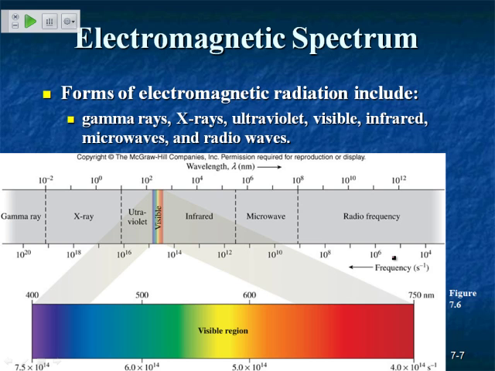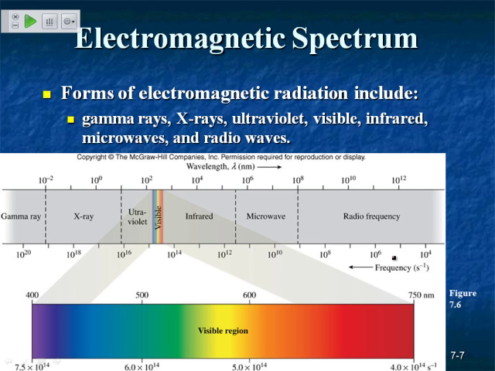Now, if you look at this one, the top scale is in wavelength units, nanometers. The bottom scale is in frequency units, seconds to the power minus 1, or inverse seconds. So, looking at those two units, we can come up with an important relationship between these two.